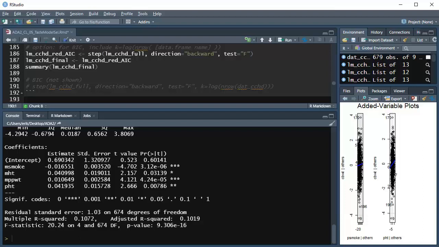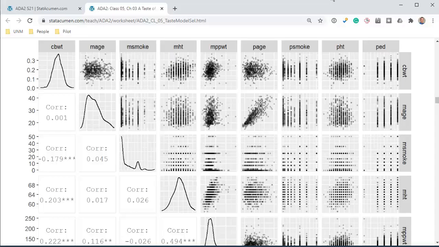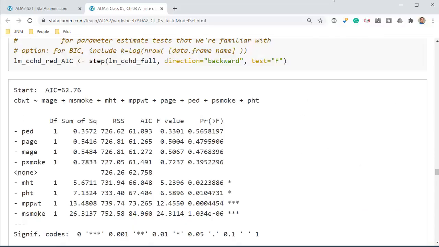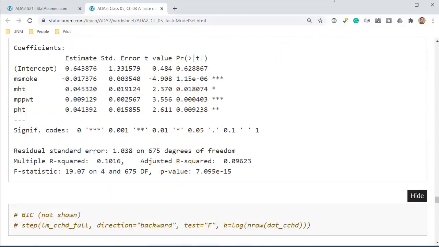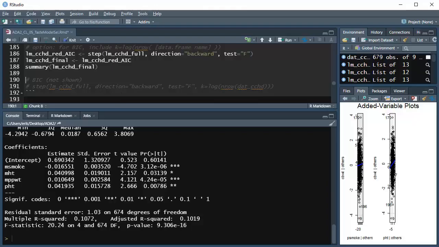So good. Did the coefficients change? Well, let's see. I still have on the web page the estimates from before, so we can flip back and forth. Mother smoking was about negative 0.017, and now 0.016, so not really much of a change there.